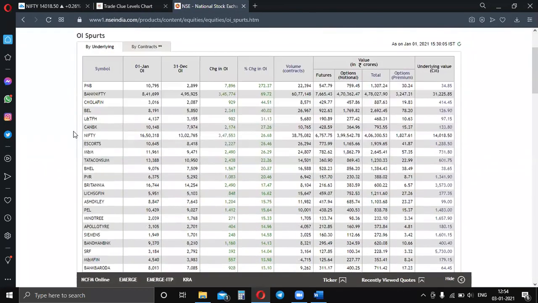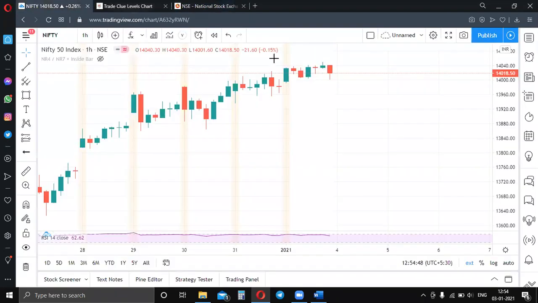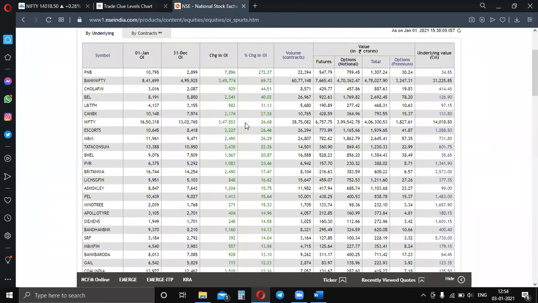If you see over here, check BEL. BEL was among the highest open interest added stocks on that day, nearly 40%, right? If there's a clear move that happens on BEL and BHEL, along with very good open interest added, chances are very good the stocks will start moving upward.